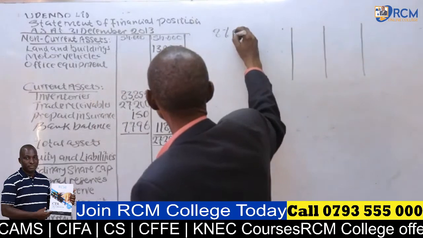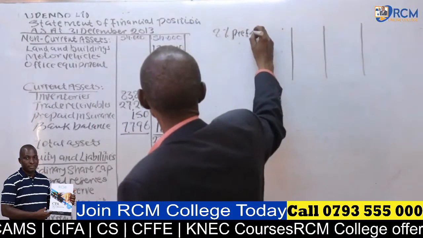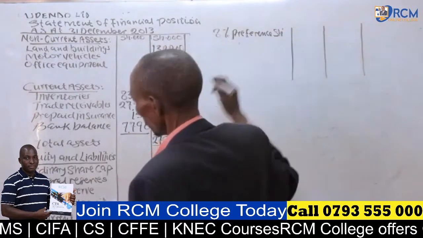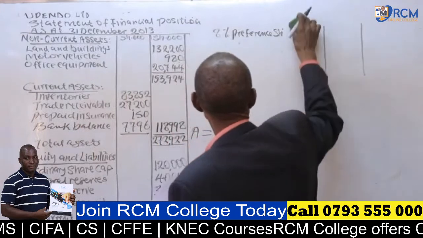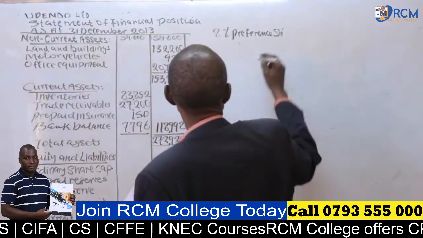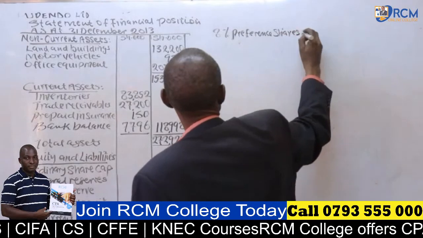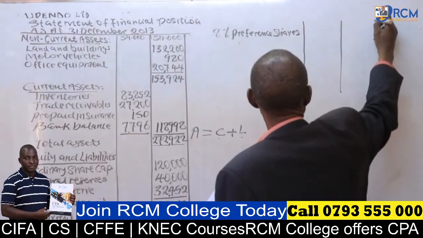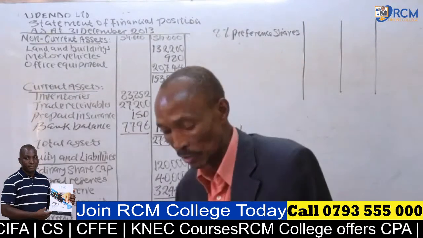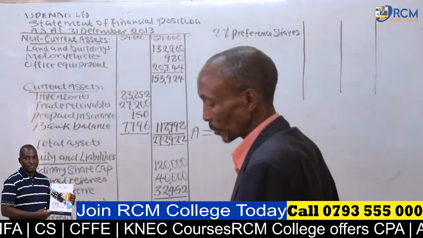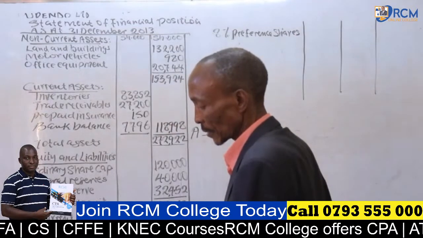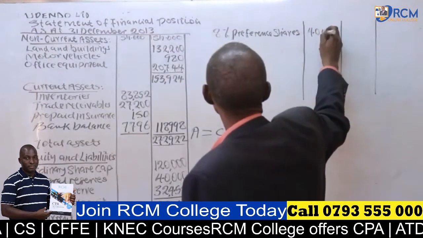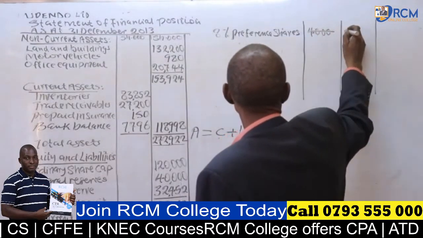Now the preference shares in the new standard, IFRS 9, 8% preference shares. The 8% preference shares, the face value, the nominal value of the shares, we had 40 million.